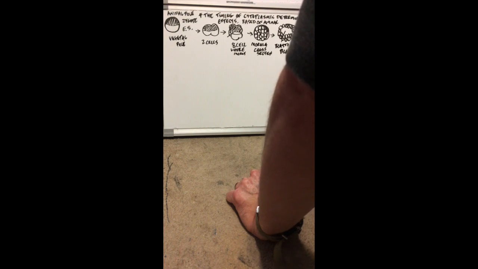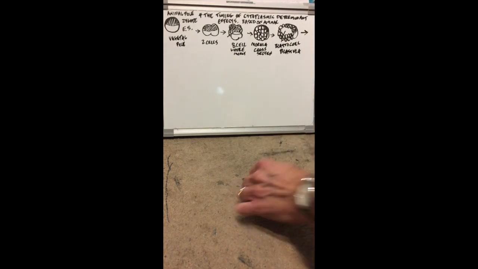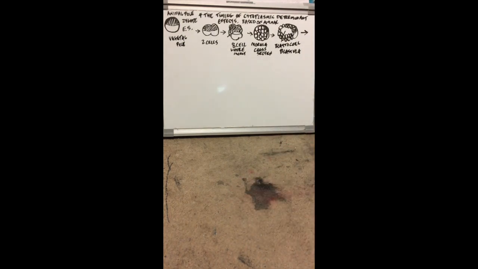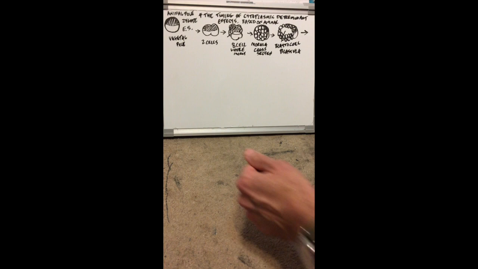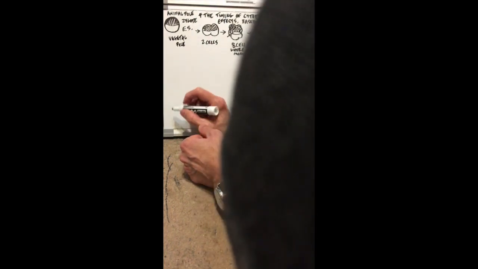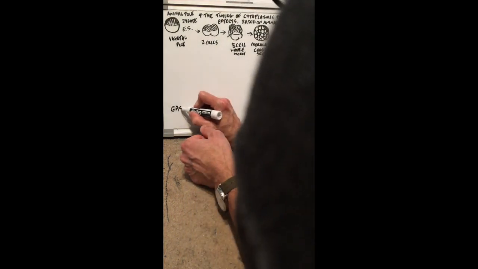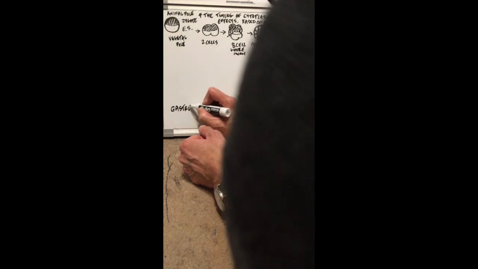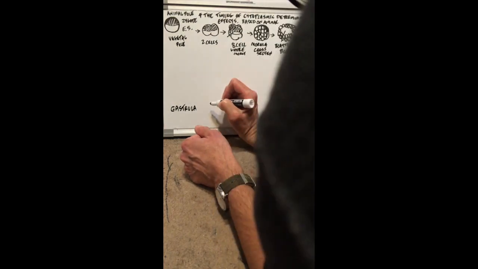All right, now, cell divisions continue, mitoses continue, until finally you get to the stage called the gastrula. The gastrula is pretty much one of the coolest parts of development because this is when things really start to happen.